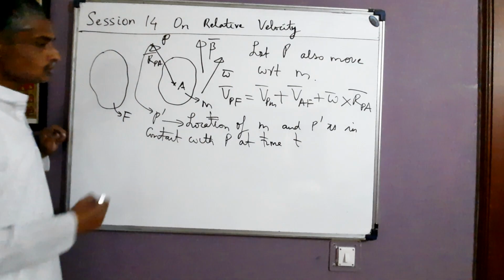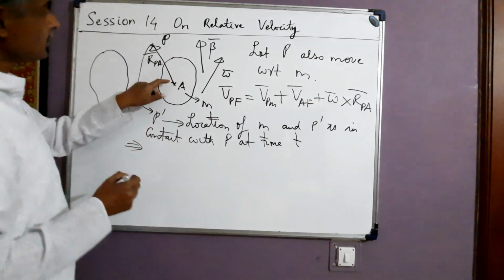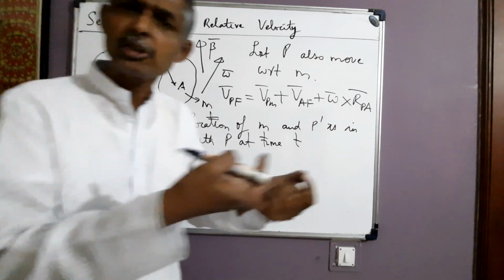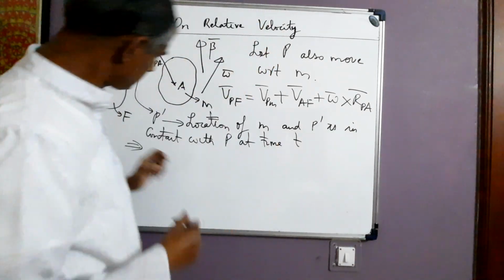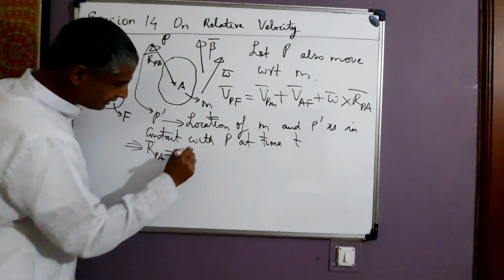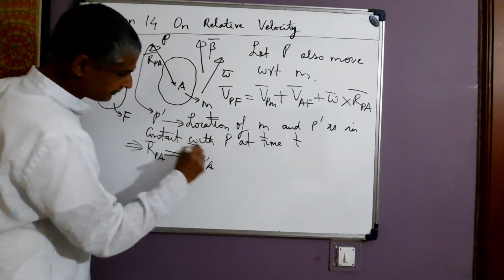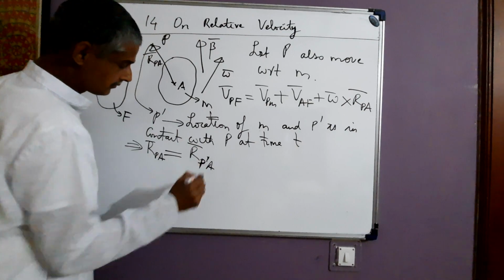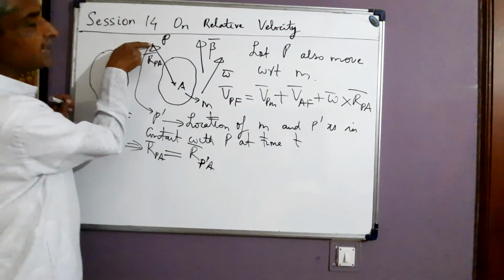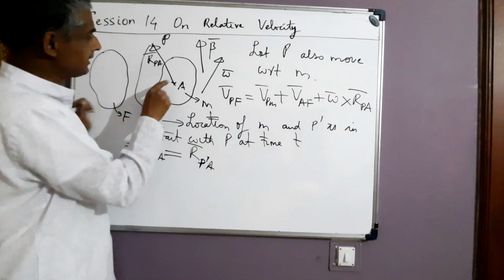So this means the vector from A to P will be the same as the vector from A to P dash, because P and P dash overlap each other at that instant. So we can replace RPA by RP dash A. They are overlapping and A is here.